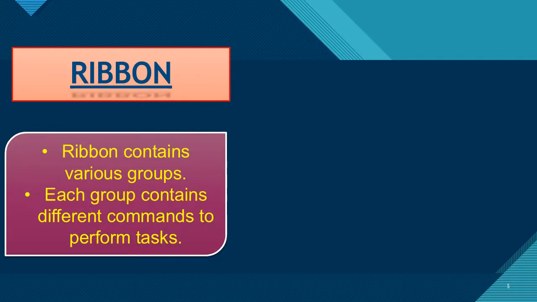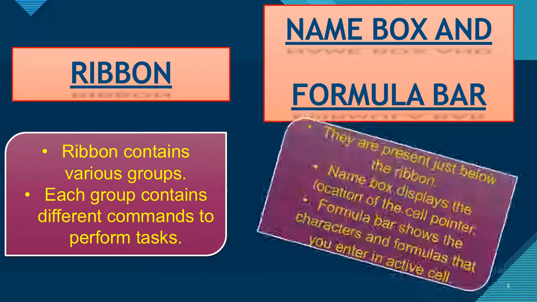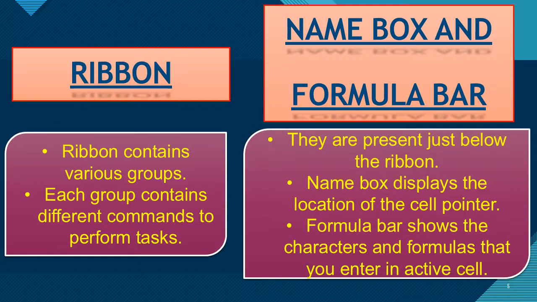Now, the next component of Excel window is ribbon. Ribbon is that component which contains different groups. Each group contains different commands that are used to perform various tasks. The another component you have is name box and formula bar. The name box and formula bar are present just below the ribbon.